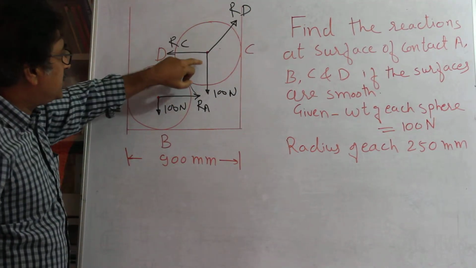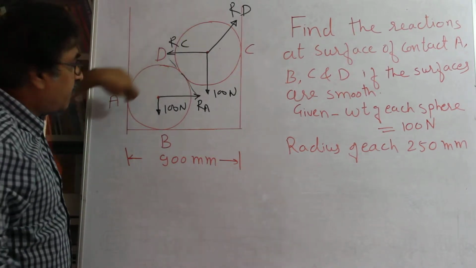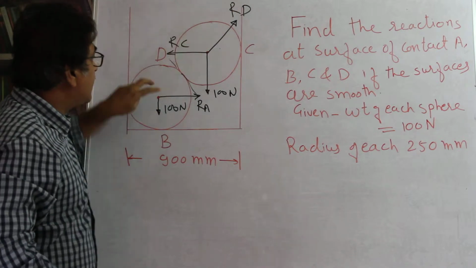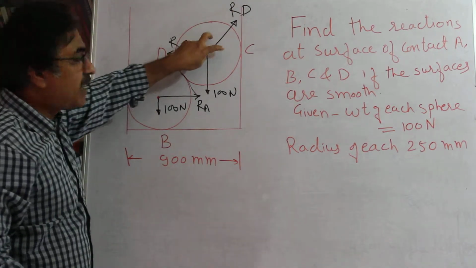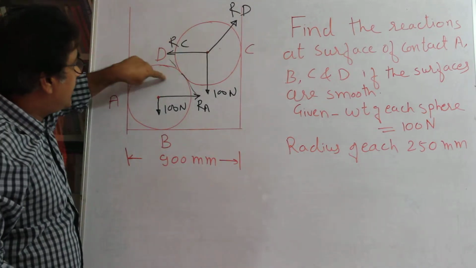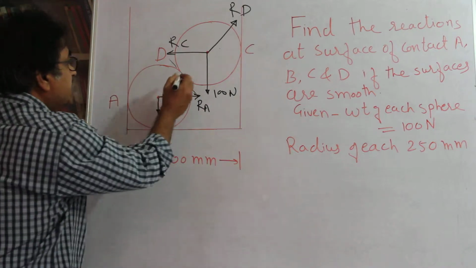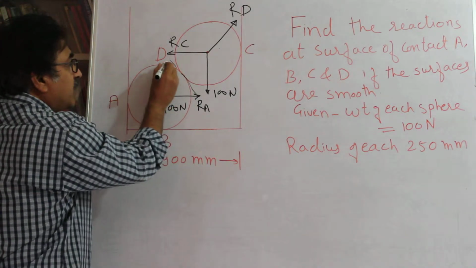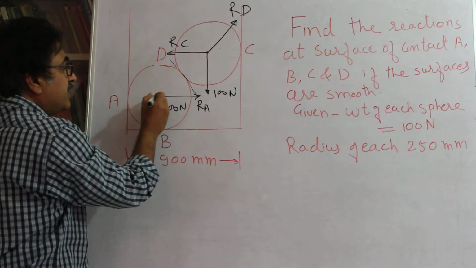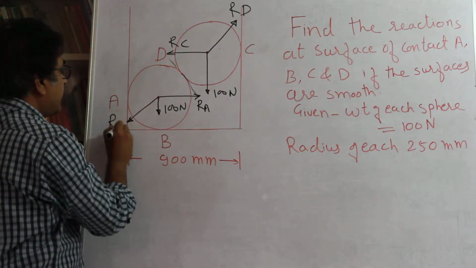Similarly, this sphere is acting on the lower sphere. That means there is a force on this. This force is the reaction of this sphere on the upper sphere, which I have extended here. This sphere will be subjected to some force by the lower one at point D. That is also going to pass through the center, because this is tangential, and if you draw it, it's going to pass through the center, and this is your RD.